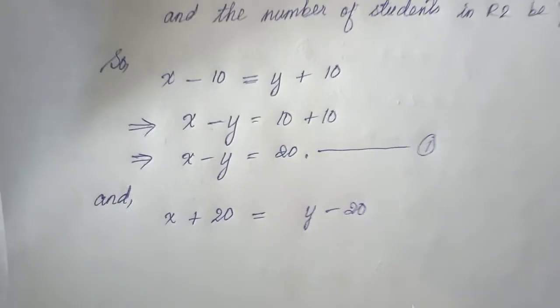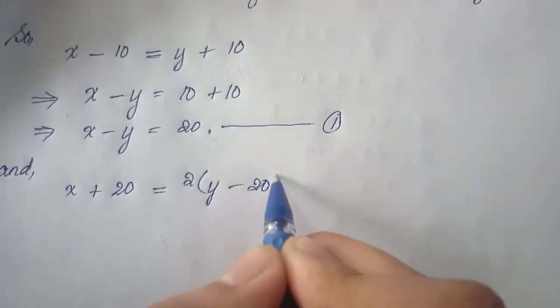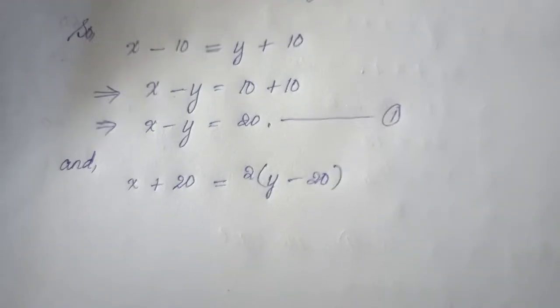Then what happens is they are not equal. Okay, here I wrote it as equal, but the question says R1 is double the number of students in R2. That means that R1 will be equal to 2 times the number of students in room 2.